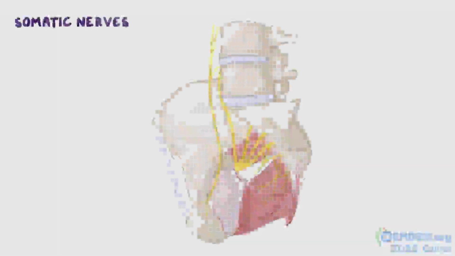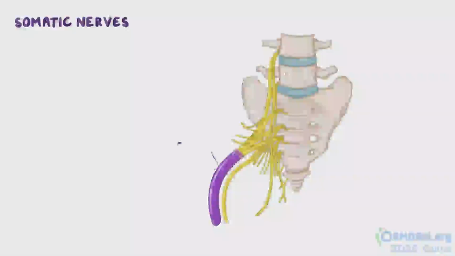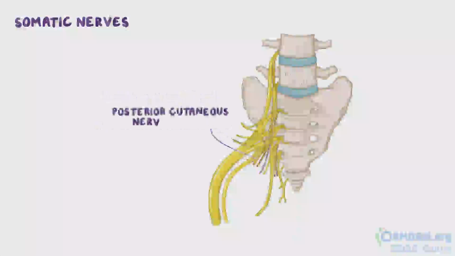Somatic nerves arise from the lumbosacral and coccygeal plexus, and they are the obturator, sciatic, superior gluteal, inferior gluteal, and pudendal nerves, the nerve to piriformis, nerve to quadratus femoris, nerve to obturator internus, and nerves to levator ani and coccygeus, and finally the posterior cutaneous nerve of the thigh.